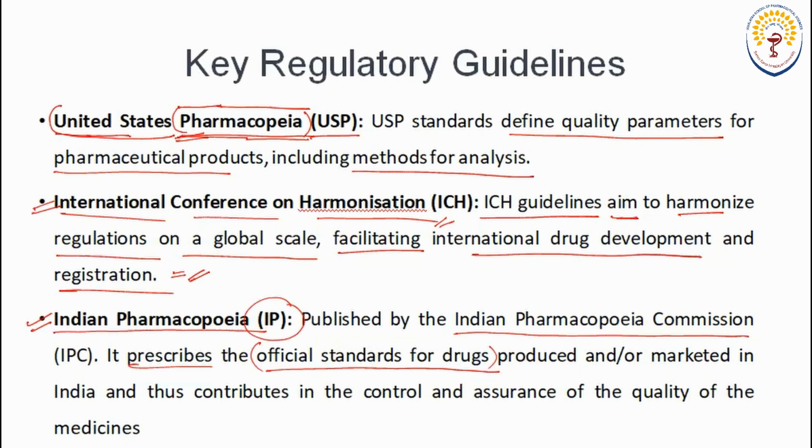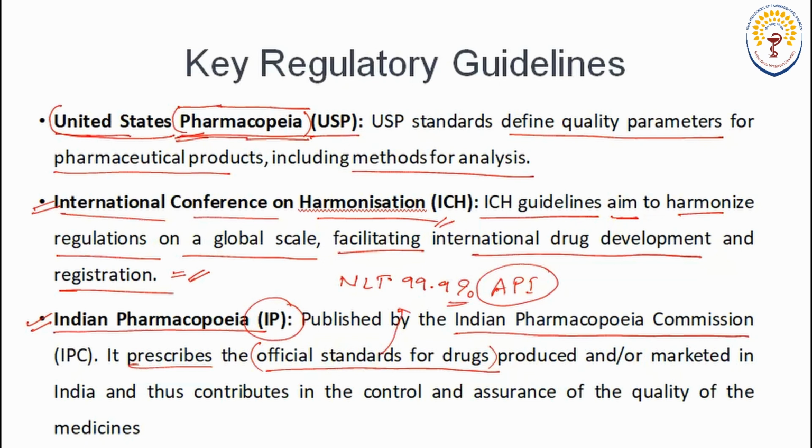For example, if it says that our pharmaceutical product should contain not less than 99.99% of the API, then when we comply with this guideline, we are ensuring that our pharmaceutical product is of good quality. So these kinds of things are written here.